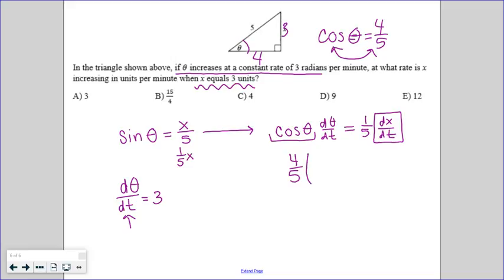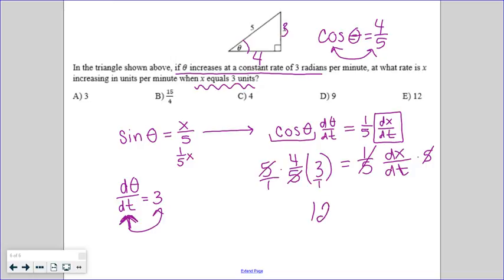I can replace d theta dt, d theta dt equals 3, so I can replace d theta dt with 3, and we are then eventually supposed to solve this for dx dt, which means I would multiply by 5. Okay, so then multiplying all of that together, straight across the top, straight across the bottom, it looks like we would have a rate of 12 units per minute.